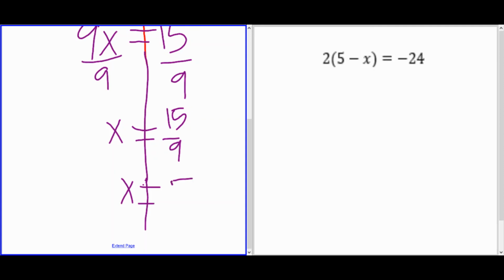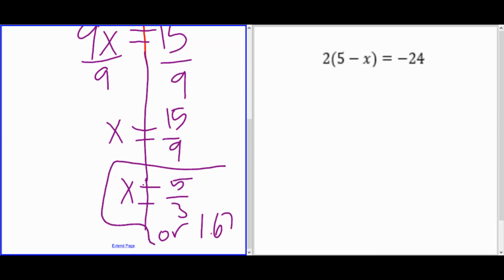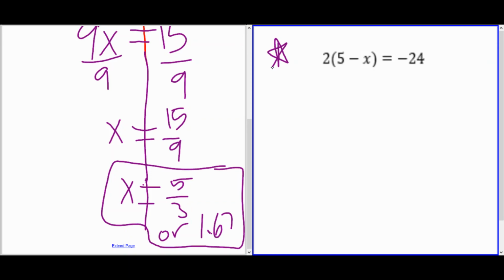So this will get you 5/3, or for you decimal people, approximately 1.67, if you like decimals. Okay, so I want you to try the one on the right. So go ahead and pause the video and give that one a try.